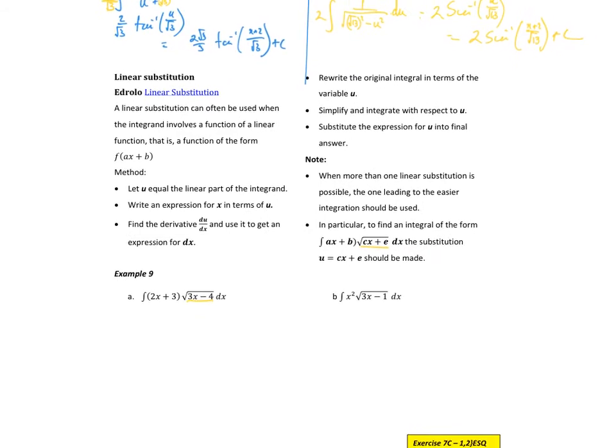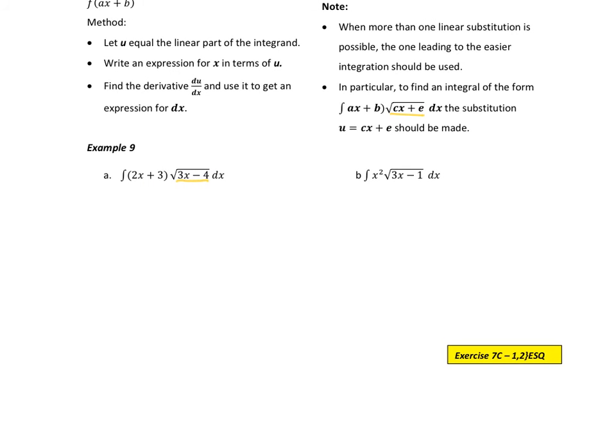So if we just have a look at these two here now, so if we just go through the process and put u equal to 3x minus 4, du dx is equal to 3. So I'm going to put 1/3 du is equal to dx. Okay, so there's my dx term. All right. 3x minus 4 under the square root sign, I've got that covered for there. I've got 2x plus 3 here.